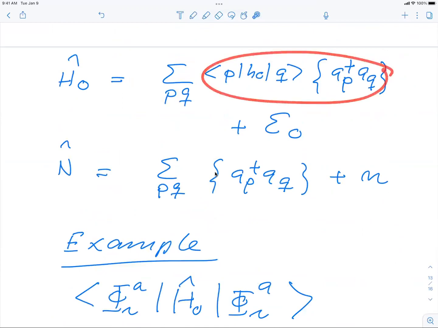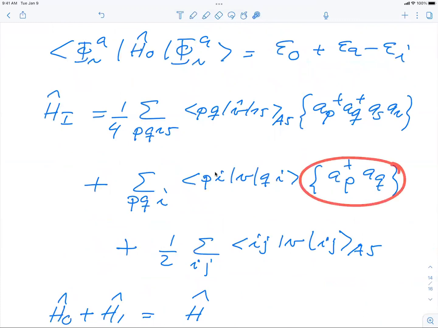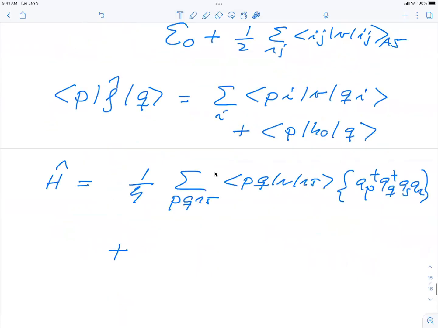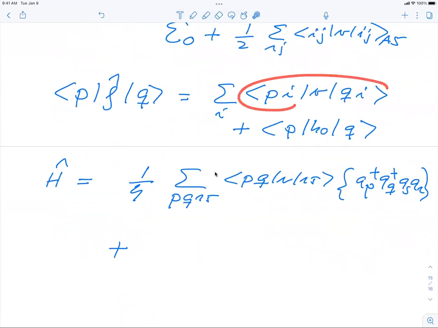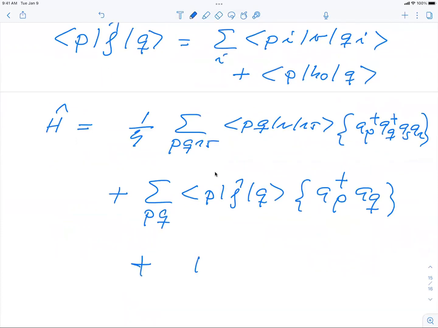Actually, this term here, as you can see, is a one-body term. Now, if I go at the way I rewrote the two-body operator, it has also a similar term. Now, if I look at the sum over P and Q and look at this definition of the operator which I plugged in, this operator F, then it contains this term and that term. So I can actually rewrite that in terms of a sum over P and Q. And then I have these matrix elements multiplied with a one-body term plus E0 reference, which is just a constant.